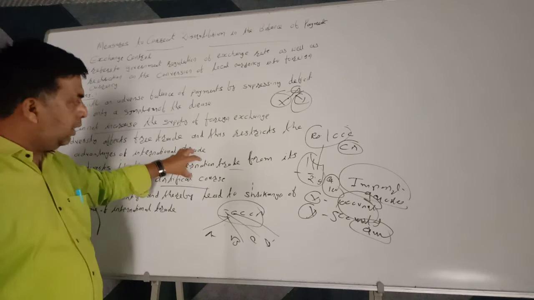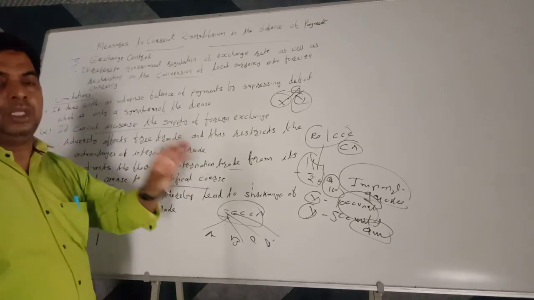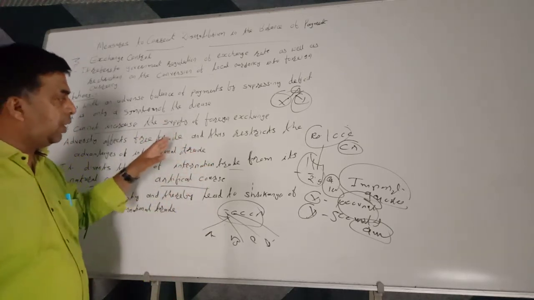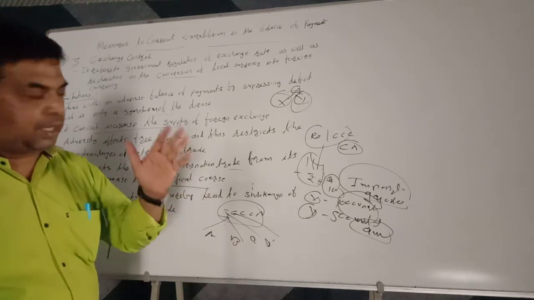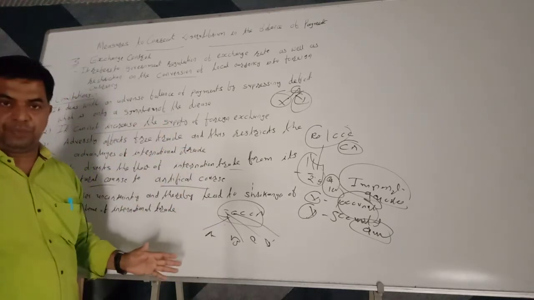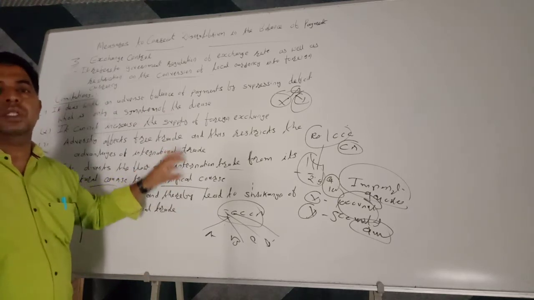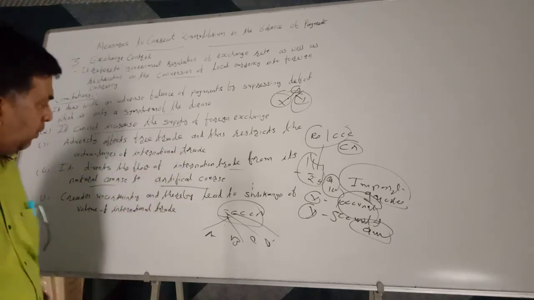Okay, and when you don't follow the theory of international trade, you cannot get the advantages of specialization. You cannot get the advantages of free trade. Okay, this is also the limitation of exchange control.